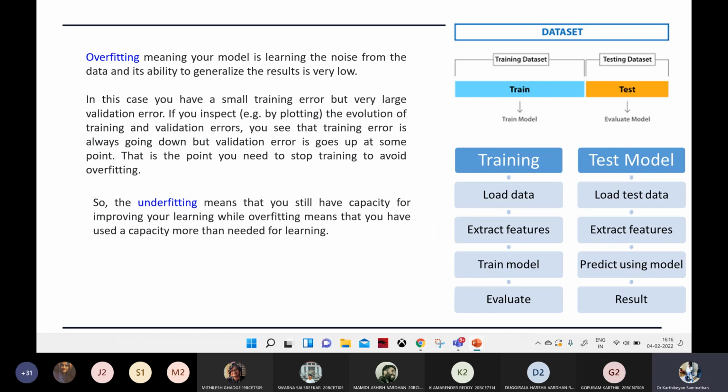Underfit and overfit. Overfitting means your model is learning the noise. Suppose there are more errors, missing values, null values introduced in your data set, right? Suppose more noise has been introduced, noise in terms of errors or missing values, then learning will be disturbed and your result will become very low.